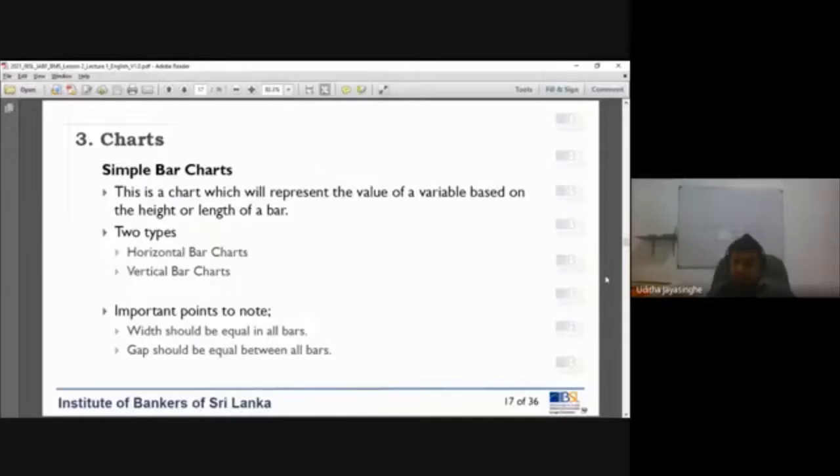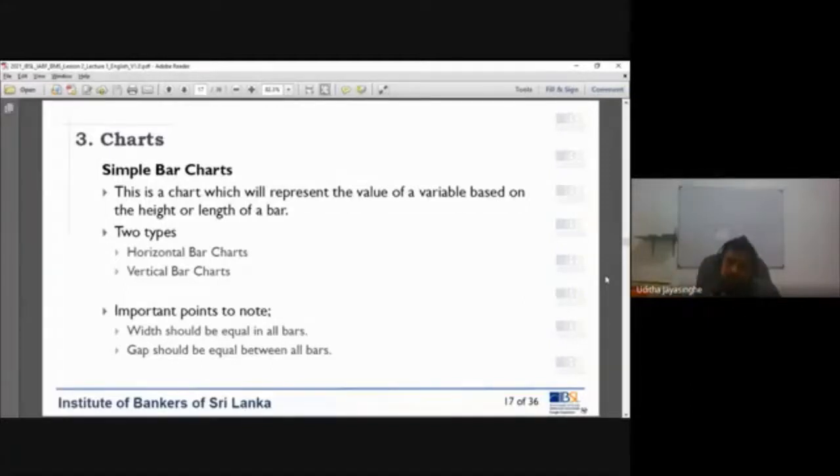Important point: width should be equal in all bars. Similar to the class intervals that we discussed moments ago, width has to be equal. It's not illegal to draw bar charts with different widths, but as long as your widths are equal, your data representation is going to be visually appealing.